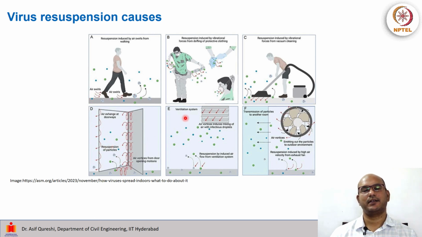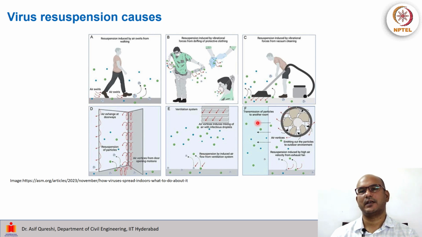Then we have the ventilation systems, in which the air vortices will induce the mixing of air with the infectious droplets, and particles going into the air from the resuspension. So this airflow from the ventilation system may also enhance or initiate resuspension.